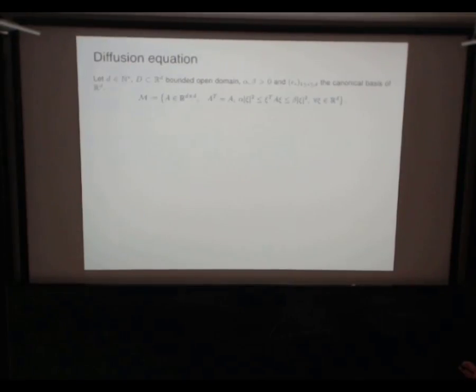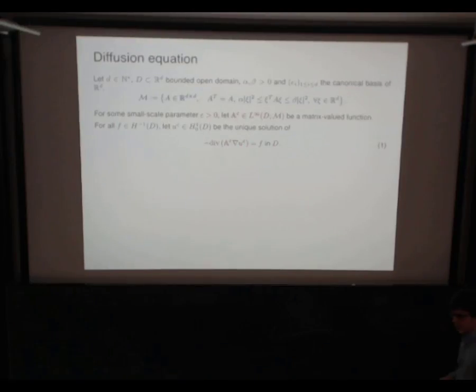Good. Let me introduce, for the sake of fixing the notations, curly M to be the set of symmetric matrices that are bounded below from 0 and bounded above. Then for some small scale parameter epsilon, let A epsilon be a matrix valued function with values in M, so that typically, as we have seen in the previous talk, you're interested in the solution of this problem.